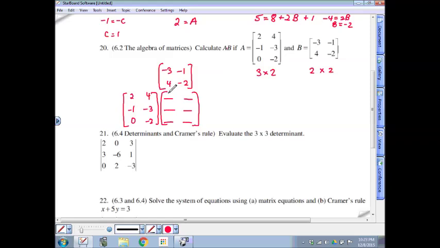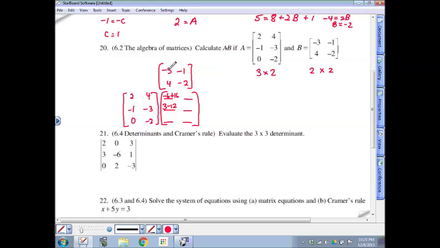So this first entry in the top left corner is a result of this top row and this first column combining. So this row combining with this column, 2 times negative 3 is negative 6, and then 4 times 4 is 16. This entry is a result of combining this row to this column, so negative 1 times negative 3 is 3, negative 3 times 4 is negative 12.